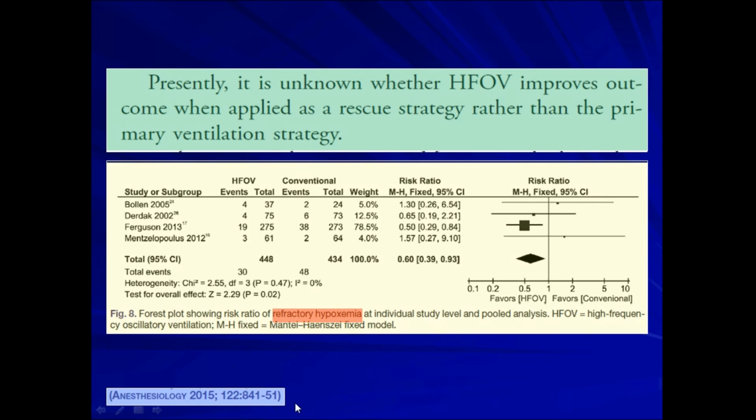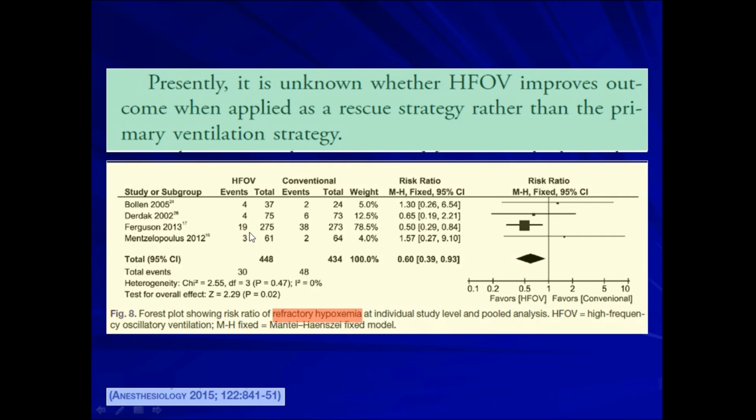In this meta-analysis, they tried to find the effect of high frequency versus conventional mechanical ventilation. I just have this table, which is talking about refractory hypoxemia. When they compared the refractory hypoxemia in these small-sized patient groups, like in Ferguson in 2013, the oscillator, they found 273 patients, or 275, and 273 in the conventional.